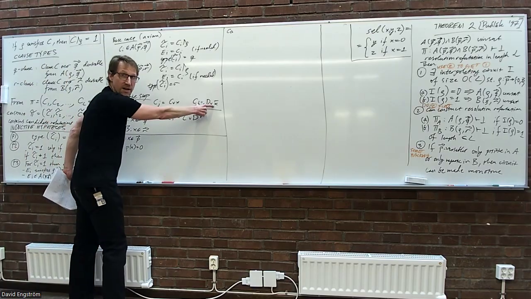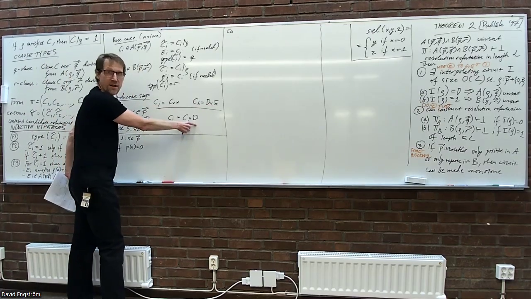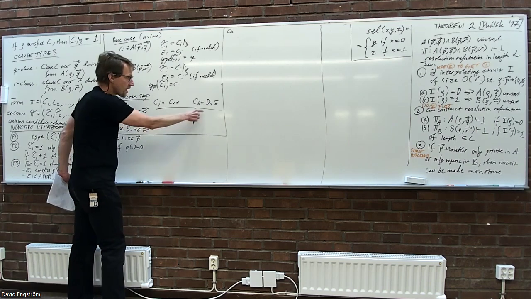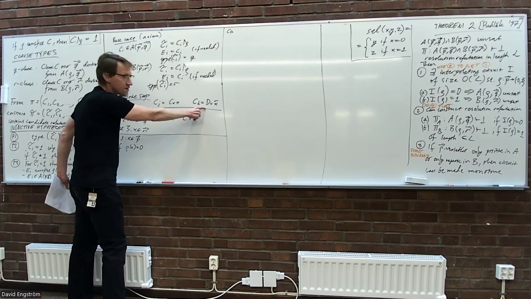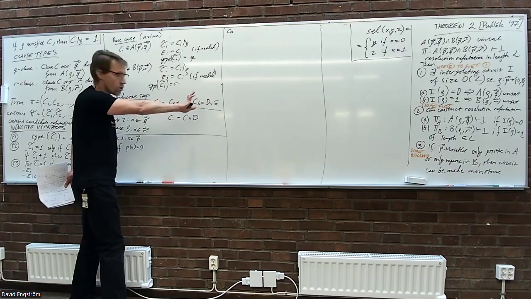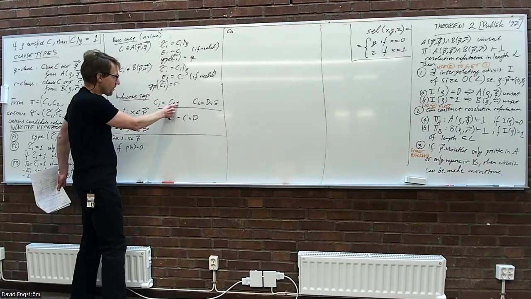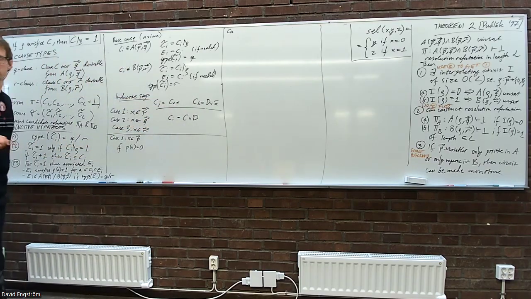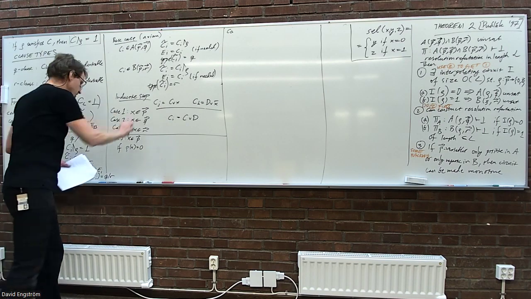So this is satisfied, but this is not satisfied. I have very little information here. Here, CK tilde might be 1 for all I know. But this guy hopefully isn't. So I'll focus on CJ.